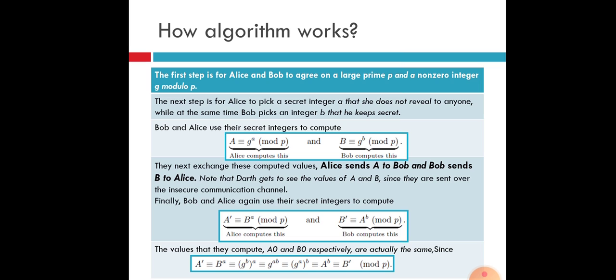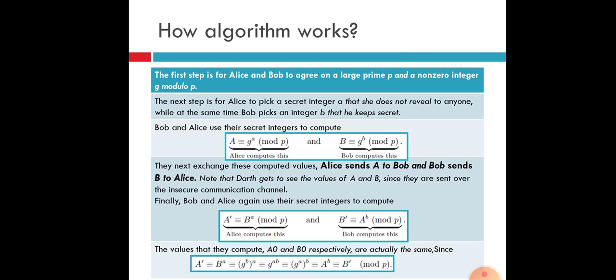Alice sends A to Bob, and Bob, the receiver, sends B to Alice. Note that Dart gets to see the values of A and B since they are sent over. Finally, Bob and Alice again use their secret integers to compute: A' is equal to B raised to a mod p, then B' is equal to A raised to b mod p.